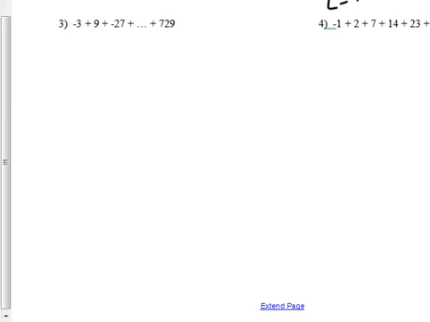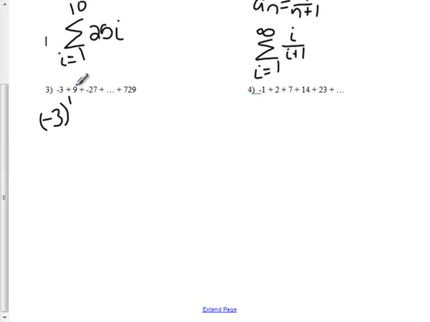Alright, welcome back. So let's practice this one. First, once again, start by finding the pattern. So we did -3, then we have 9, then we have -27. Well, I remember I said think of adding, subtracting, multiplying, squaring, and cubing. So in this case, I looked and I noticed that -3 was just raised to the first. Because if you notice, it went negative, positive, negative, positive, negative, positive.